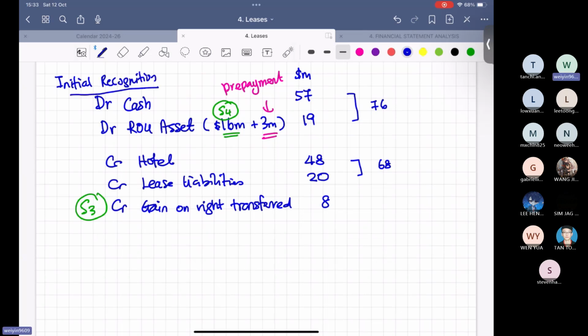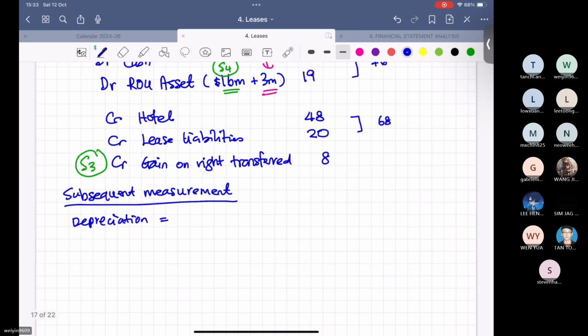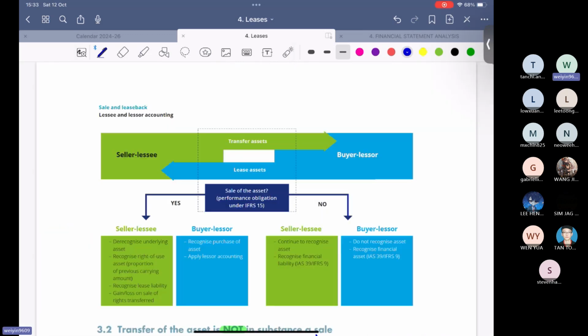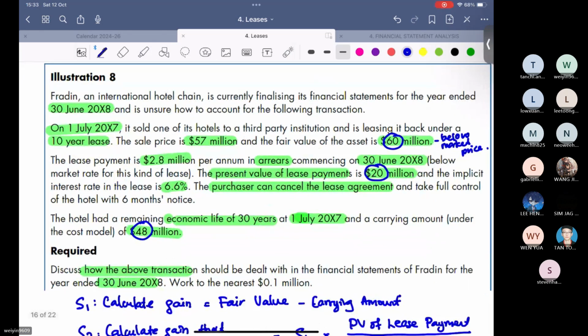We always have the subsequent measurement. So in my subsequent measurement, my depreciation will be 19 million divided by, okay, class, tell me, what is your useful life or your lease term? You only have 2, either 10 years or 30 years.